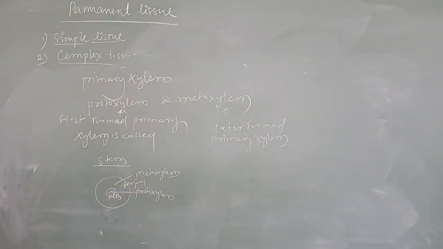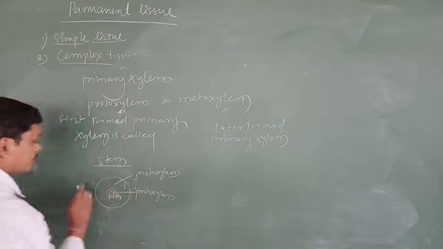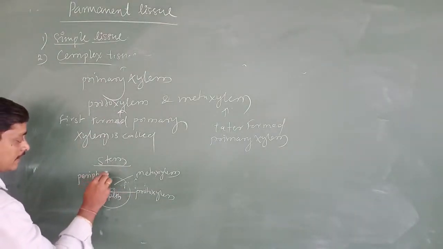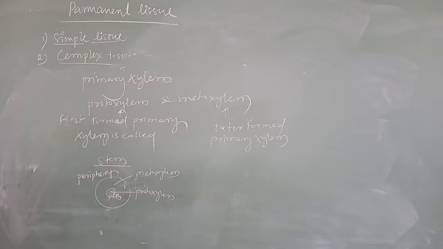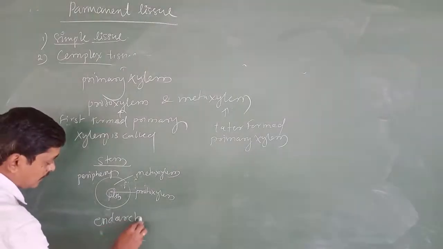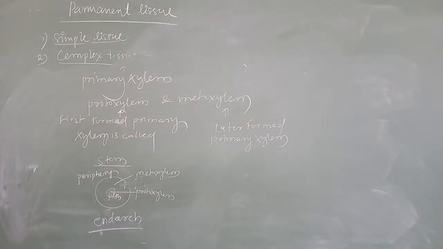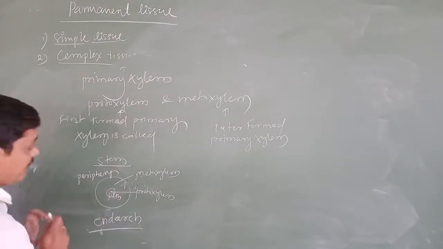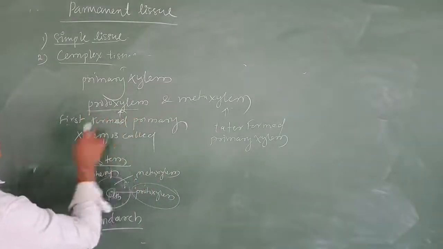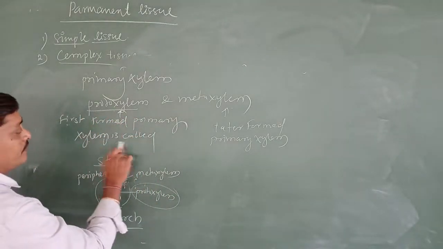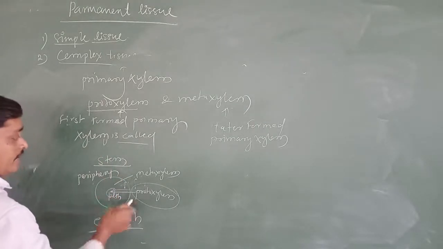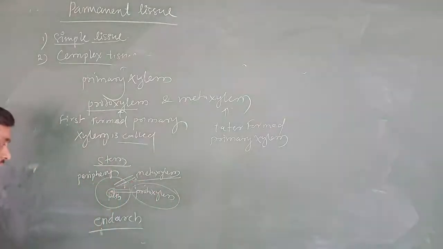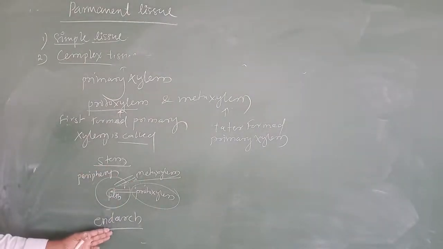The definition: the protoxylem, the first formed primary xylem, is towards the pith and metaxylem is towards the periphery, and such an arrangement is called endarch arrangement of xylem, found in a stem.